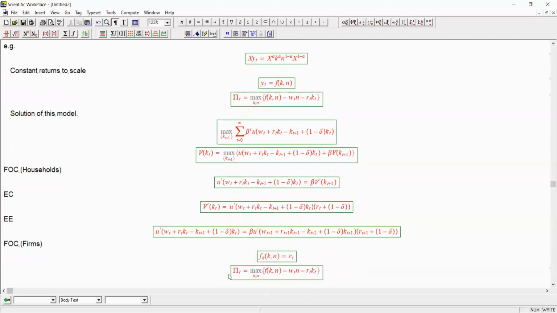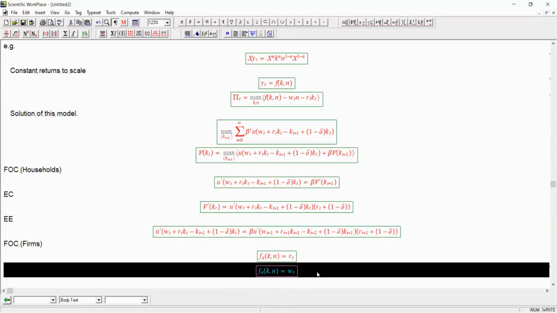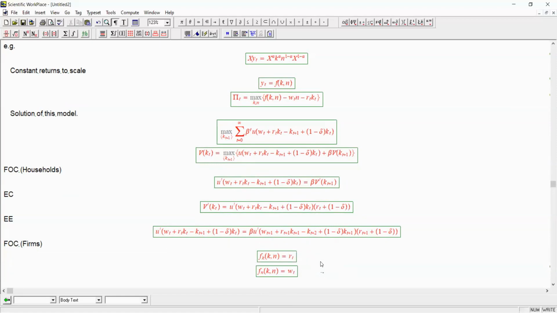And the other first order condition will be that the derivative of this with respect to n should equal the wage. That means that, of course, all the resources here get their marginal returns.